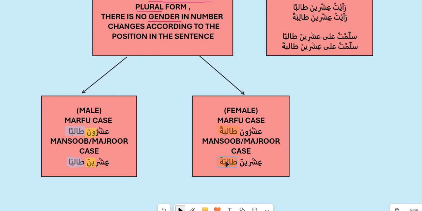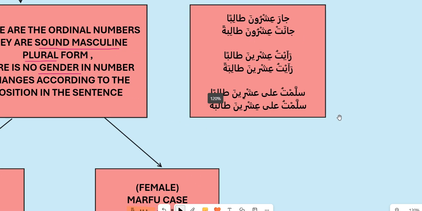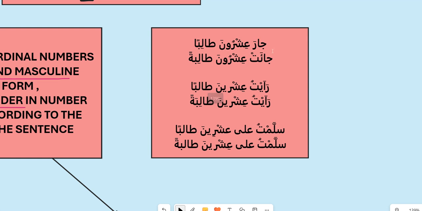And now let's check more examples here. It is Ja'a, not Jara. It should be Hamza because it's a Jumla failure. Ja'a Ishruna Taliban. So what is the position of Ishruna? Ishruna is in the position of fail, since it's a Jumla failure.